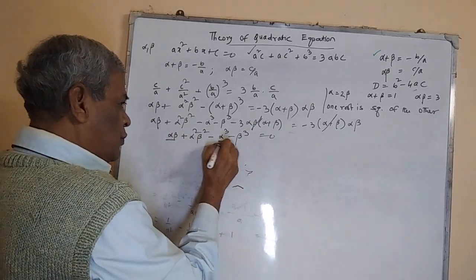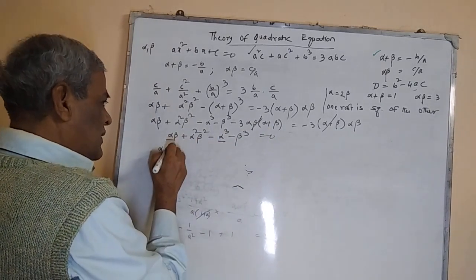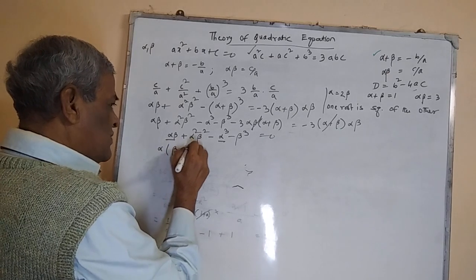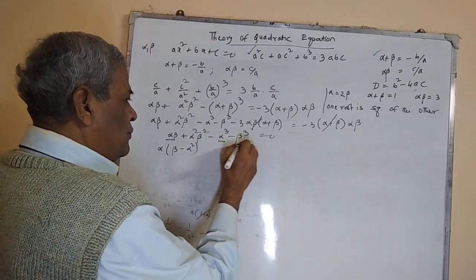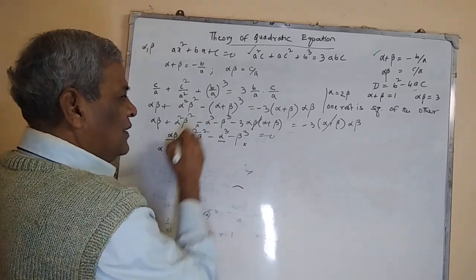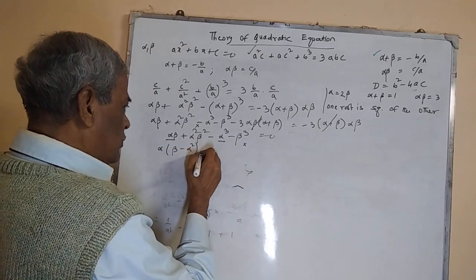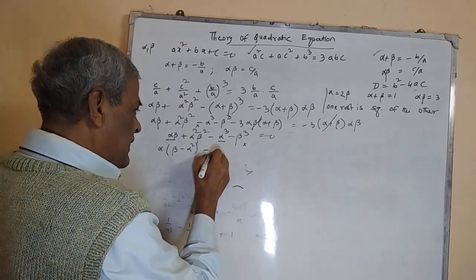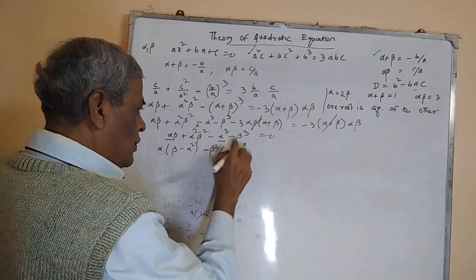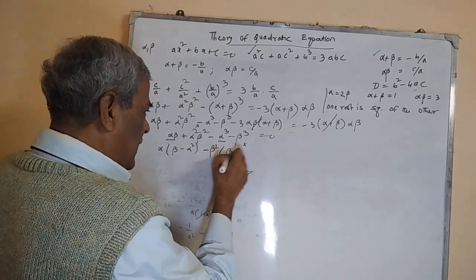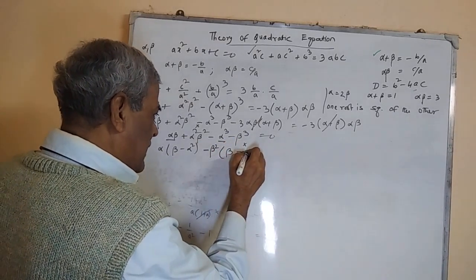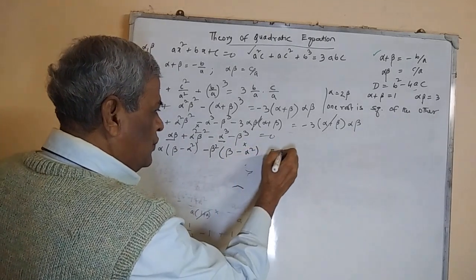Now taking common from these two, alpha into beta minus alpha square. From this and that, take beta square common, minus beta square, taking common, one is beta minus alpha square is equal to 0.